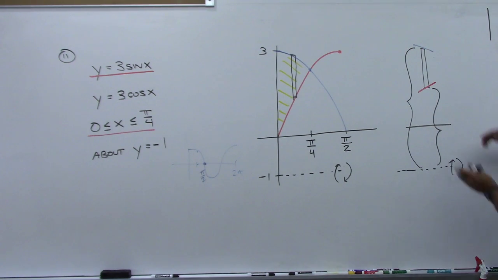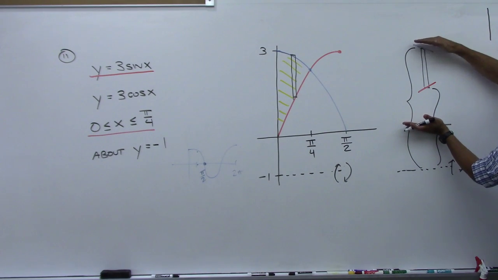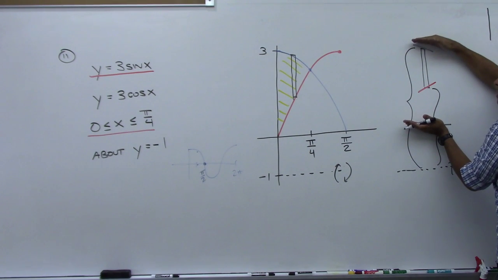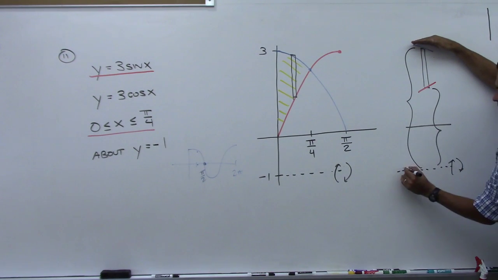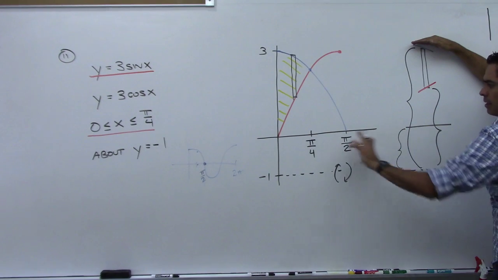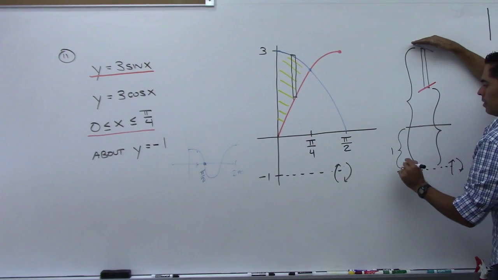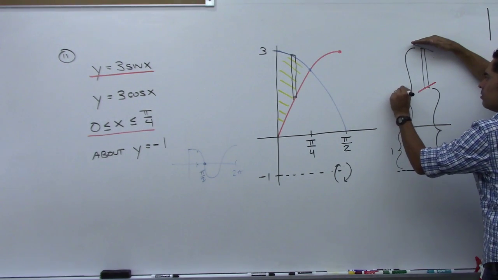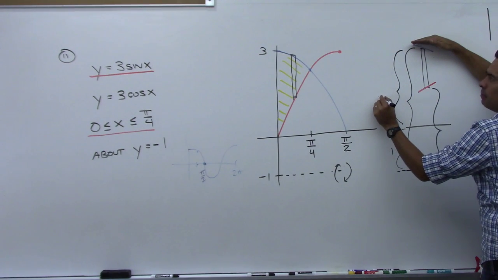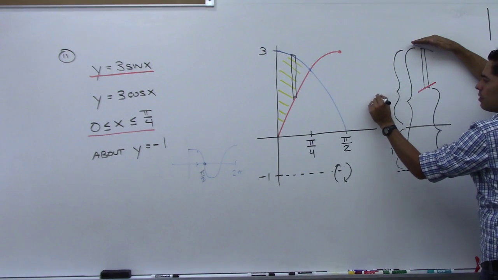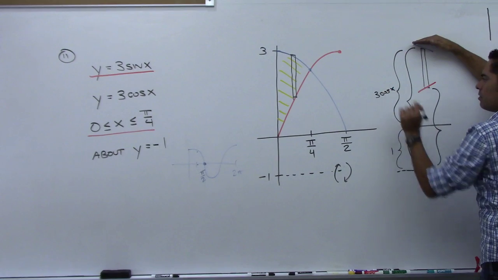So we know that the distance from the x-axis to the blue is 3 cosine x. But then we need to add this distance, and this distance from here to here is always going to be 1.